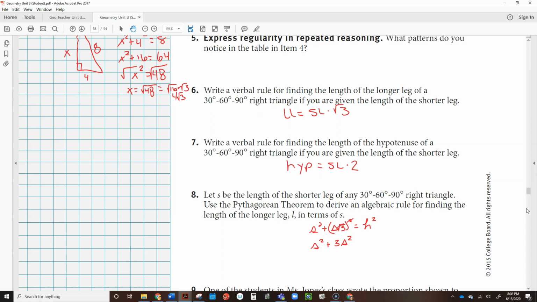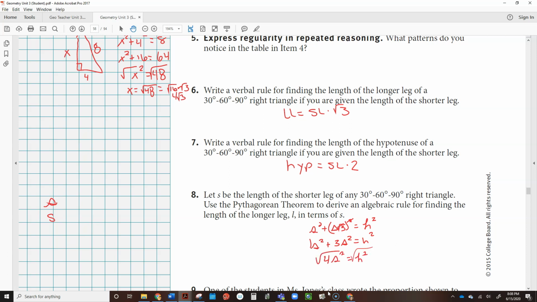Remember, those will cancel each other out. And yes, these are S's, not triangles. This is the cursive letter S. Equals H squared. So this is 1S squared plus 3S squared. That's 4S squared, and that's equal to H squared.